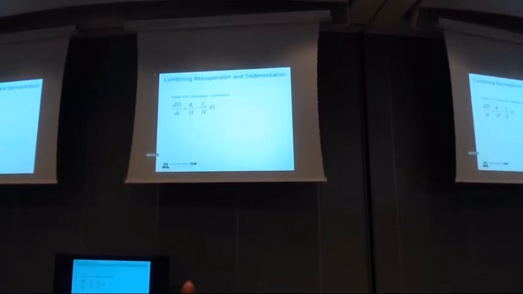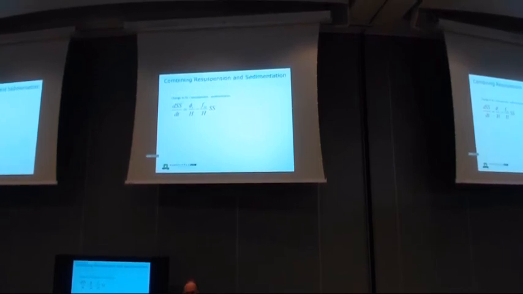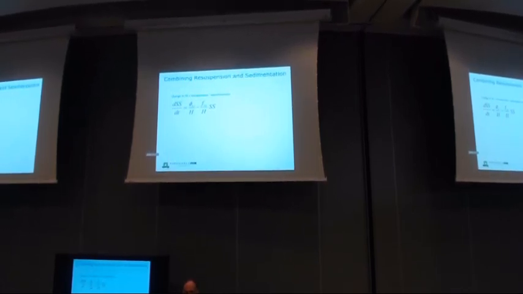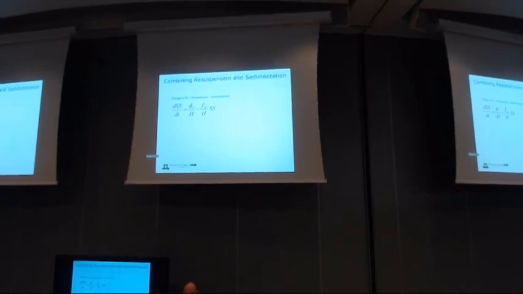So, this is more or less my last slide. If we combine resuspension and settling, there are two processes here. The change in concentration of suspended solids is the resuspension flux and the settling flux together.